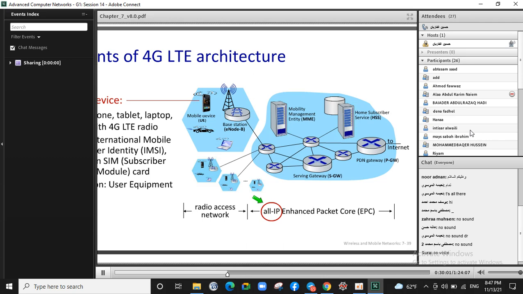But in 4G, we can see that the backbone of the network is fully IP-based technology. So we say all-IP enhanced packet core, or all-IP EPC. So this backbone is the EPC, enhanced packet core.